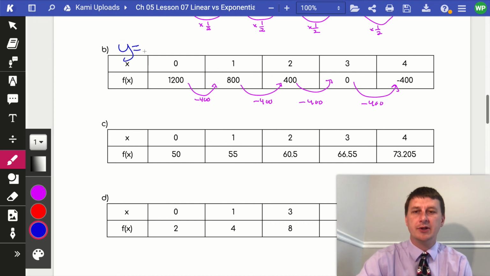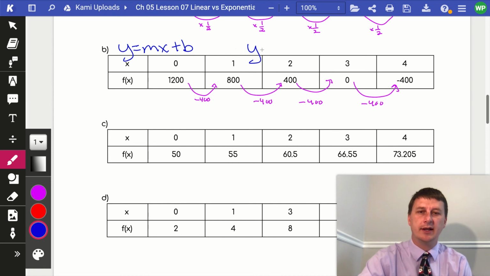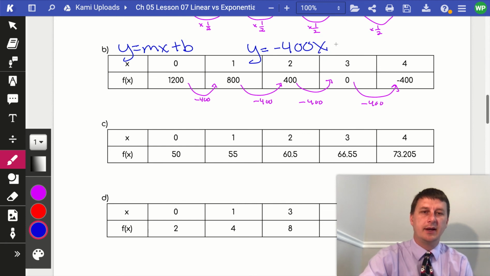So linear equations often look like y equals mx plus b, where m is our rate of change and b is our y-intercept. And we have both of those in the table given to us already. So we know our rate of change is going to be negative 400x, and we know that our y-intercept is where our x value is 0, so that's going to be a positive 1200.